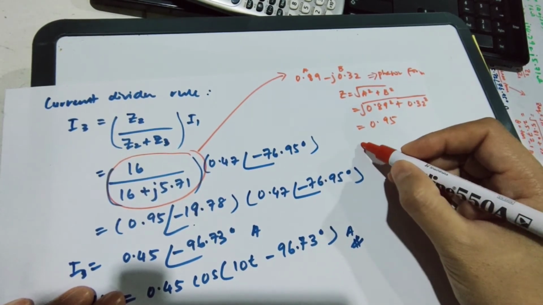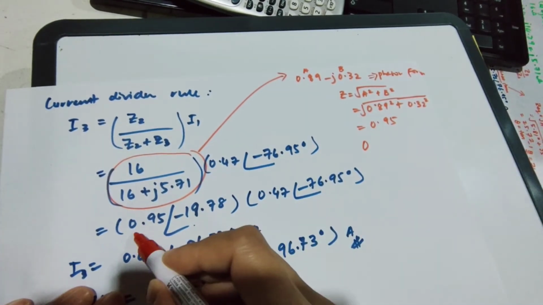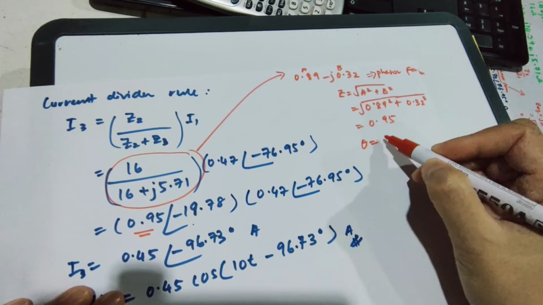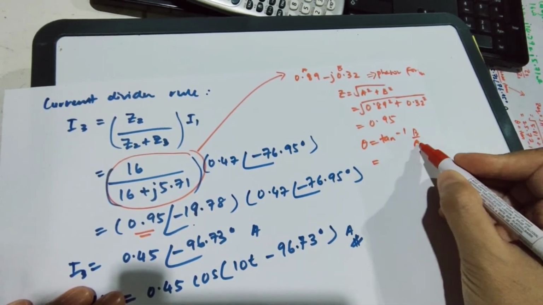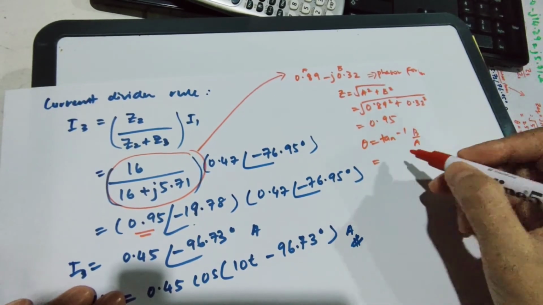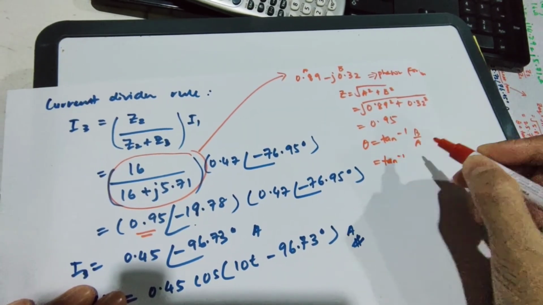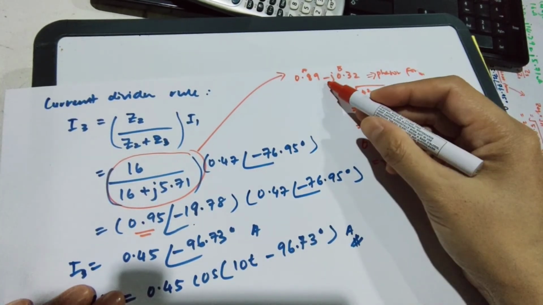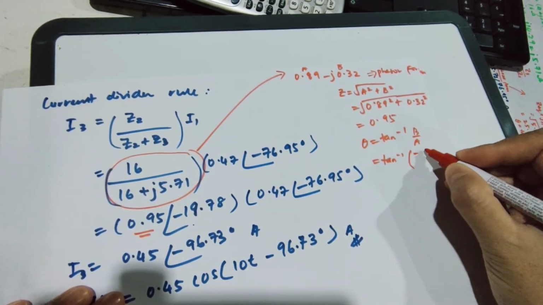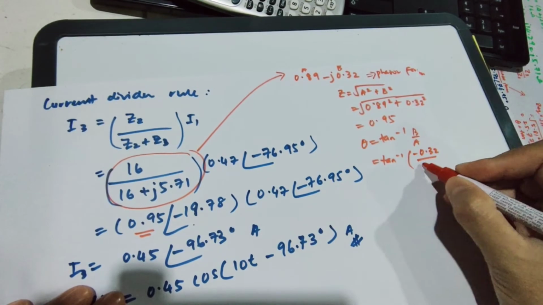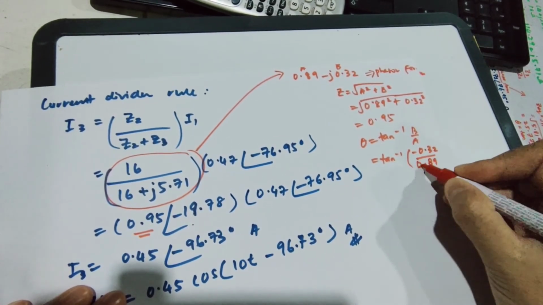And then untuk theta, the theta will be tangent negative 1 B over A. So last time I said ambil dia punya absolute value, but no. I have checked it. We take the negative value here. So B is negative 0.32 divided by A is 0.89.